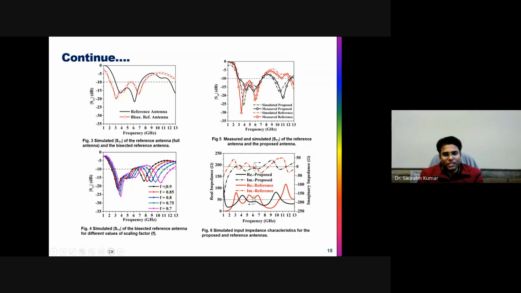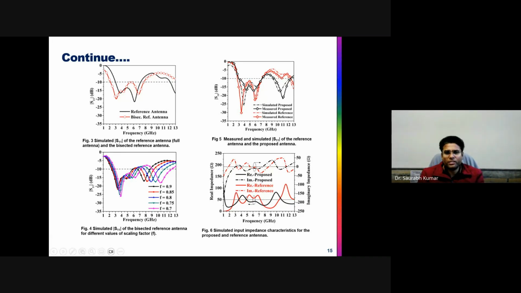So we have done the same thing with this scaling, and the antenna has its first resonance overlapping with your reference antenna. However, there is another mode created due to the enhancement in some horizontal and vertical current components.